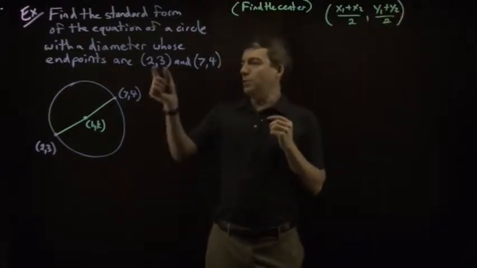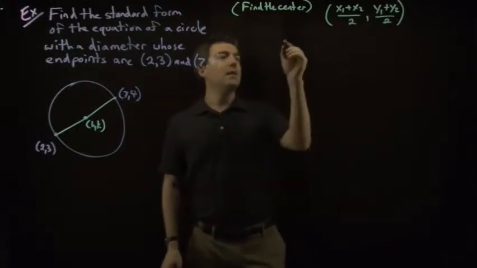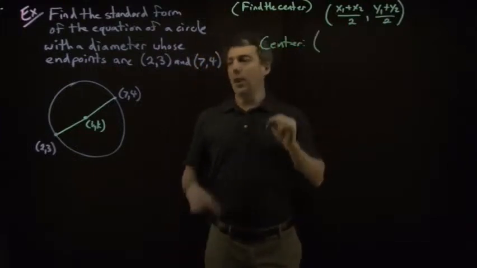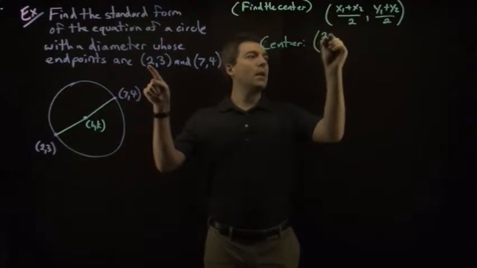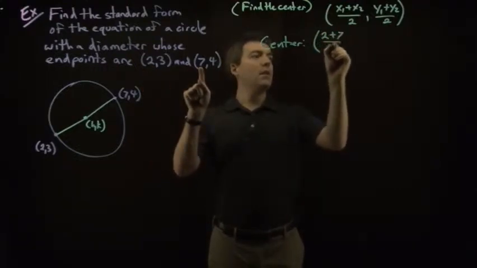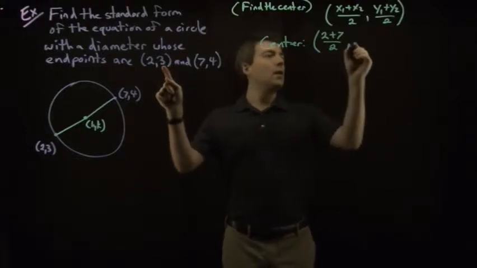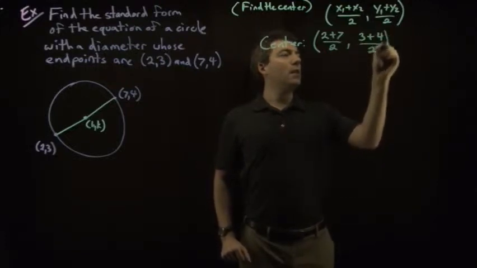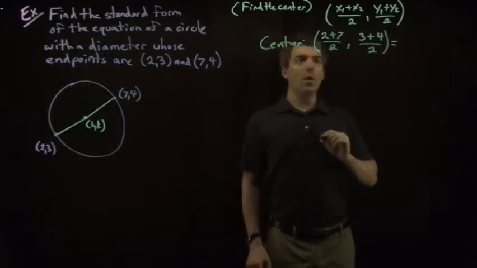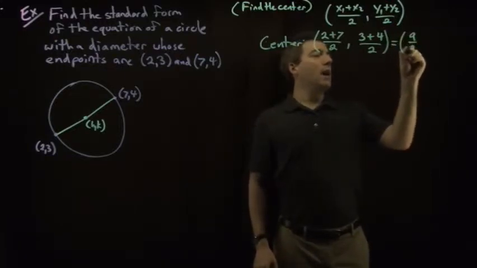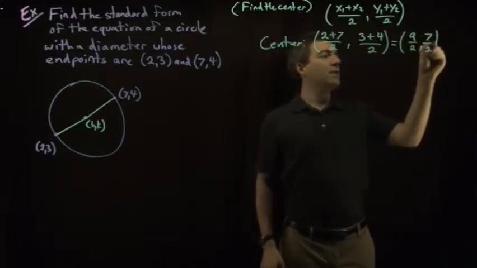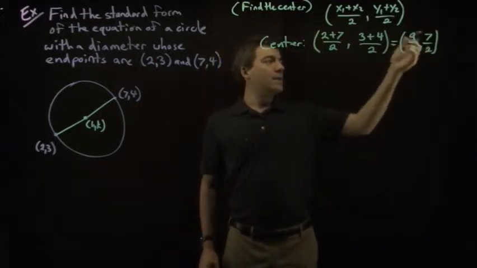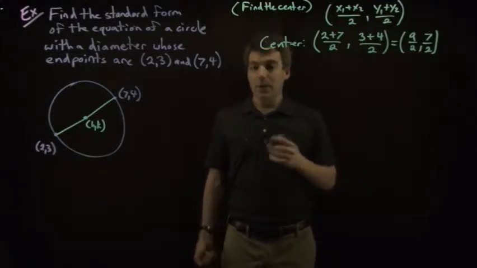All right, so we'll make this one the first point, that one the second, and so the center is going to be at the location (2 plus 7) divided by 2, comma, (3 plus 4) divided by 2, or 9 halves, comma, 7 halves. All right, so the center is at (9/2, 7/2), and now we just need the radius.